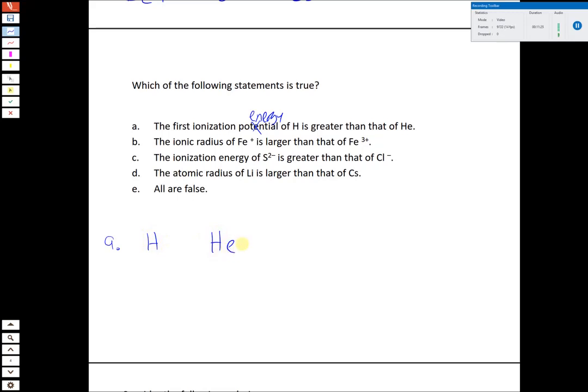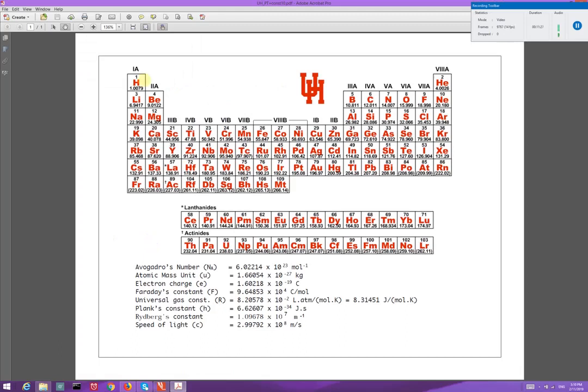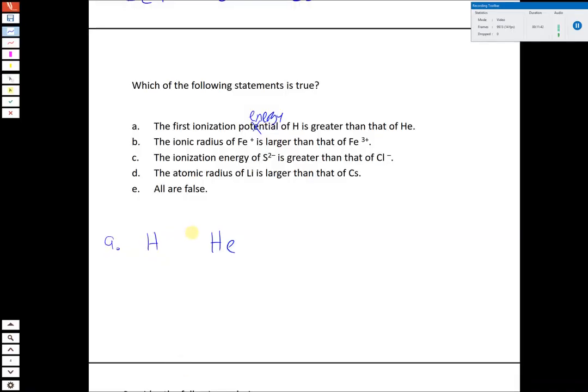So hydrogen and helium are the first two elements on the periodic table. Hydrogen atomic number 1, helium 2. Helium is to the right of hydrogen. They have the same valence electrons. So we would expect helium to have a higher ionization energy than hydrogen. So hydrogen should have a smaller ionization energy. Here it says that this is greater, so this statement is going to be false.